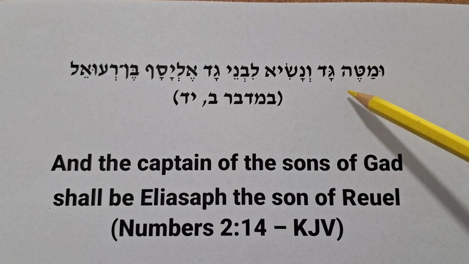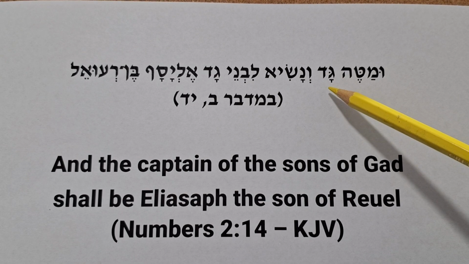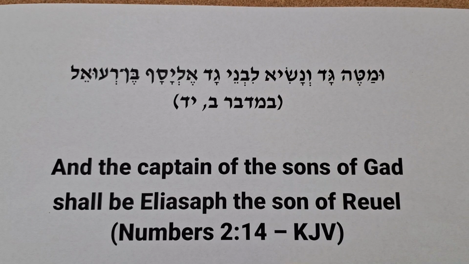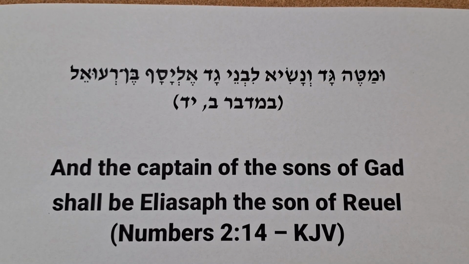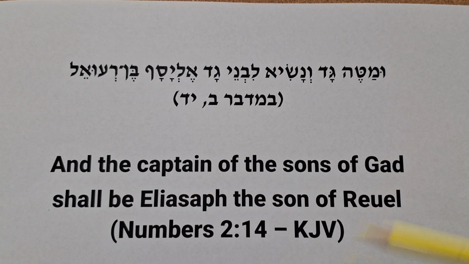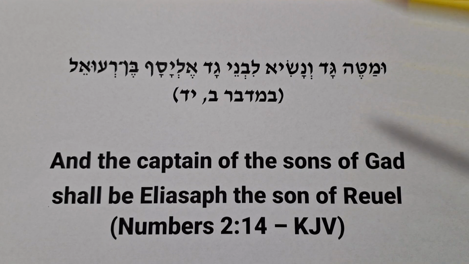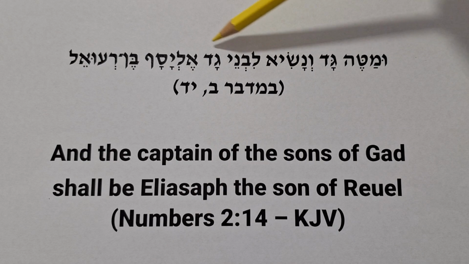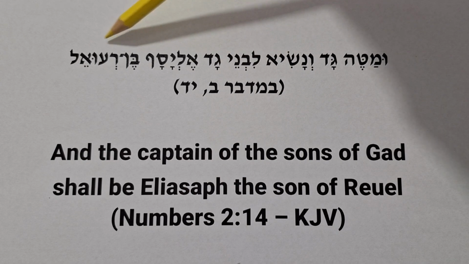So here we have names. Gad, this is a name, and here Nasi, so the head of. It could be the meaning of leader, prince, chief, even CEO today in Hebrew. Umate Gad venasi livnei, the sons of Gad, Eliasaph ben Reuel.